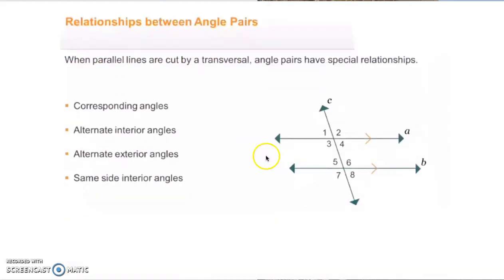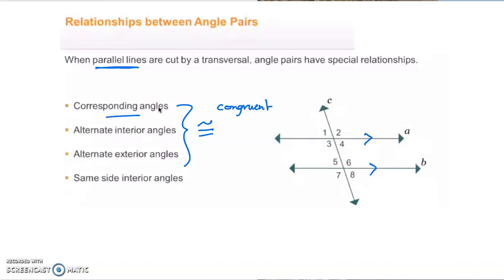All right, so let's look at relationships between angle pairs. Now we're going to look at specific situations when the lines are parallel. If we have parallel lines cut by a transversal, and remember, little marks denote parallel, they have special relationships. Corresponding, alternate interior, and alternate exterior angles are going to be congruent. That's our special relationship.